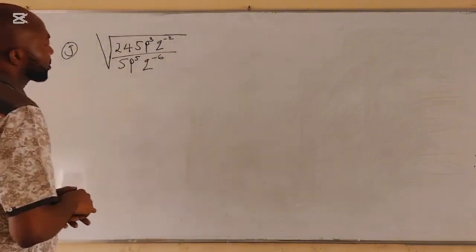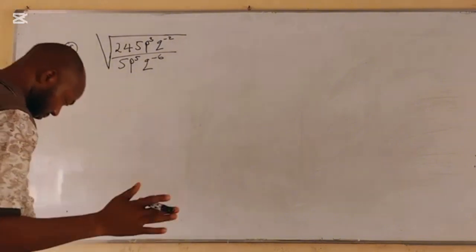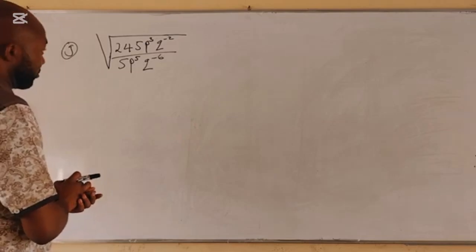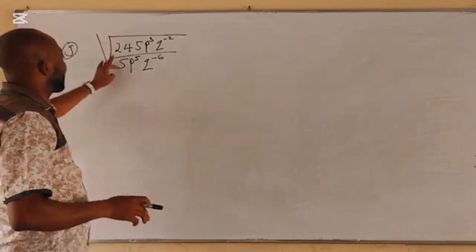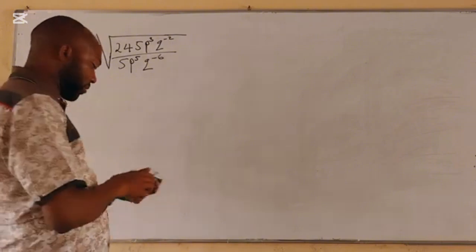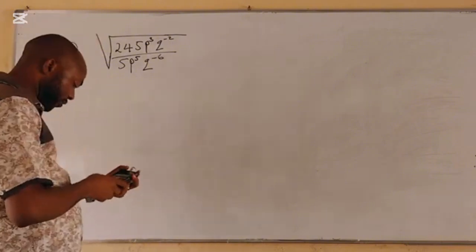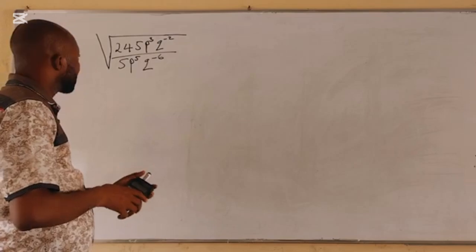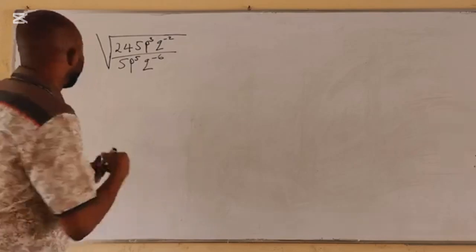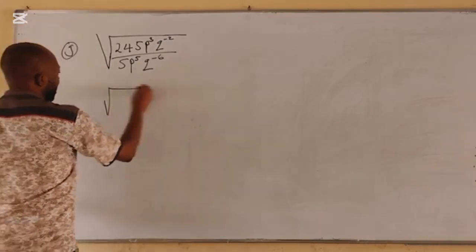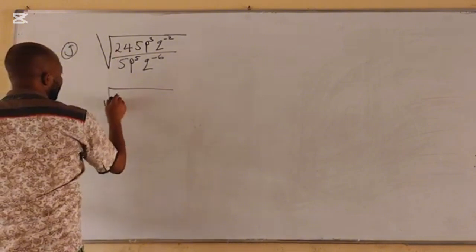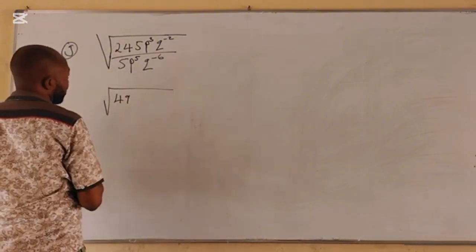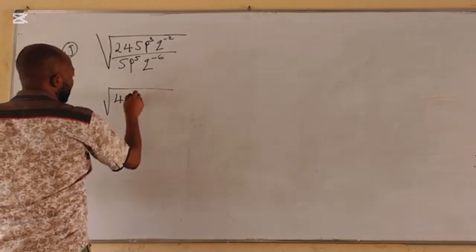Okay, from here we begin. This divided by this first. 245 divided by 5 is 49. So now I have my roots here. This divided by this gives me 49. This is p.